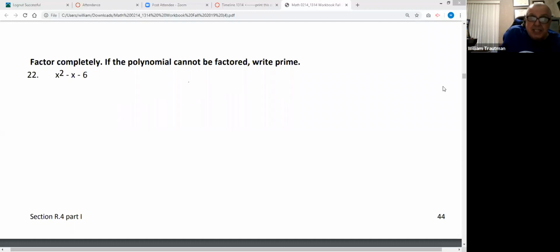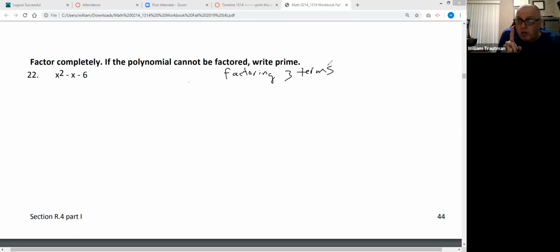So this is the steps for factoring 3 terms.